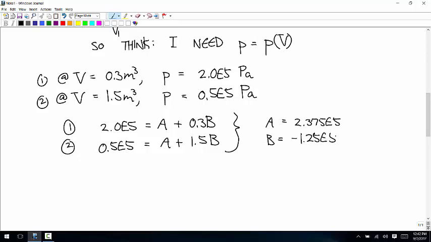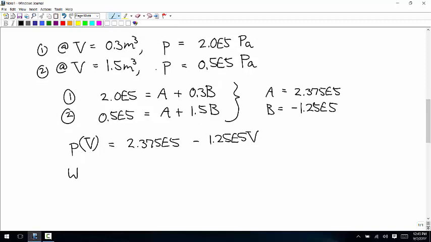Okay, so what we know is that the work is the integral of pressure as a function of volume, with volumes going from 0.3 to 1.5. I'm getting ahead of myself. That's not the pressure. The pressure is 2.375 times 10 to the fifth minus 1.25 times 10 to the fifth times the volume.